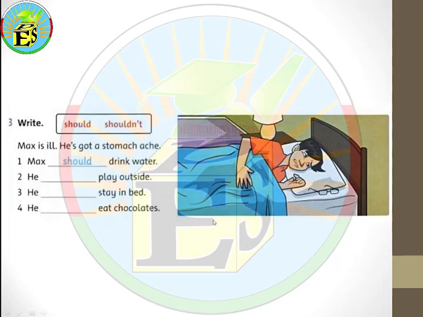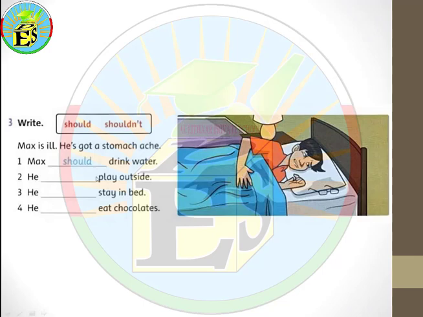Now, task number 3. Here we have 4 examples and we need to write the correct answer. Should or shouldn't. The first one is already done for us, which is Max should drink water. Well, I will remind you, what's the matter with Max? Can you tell me?